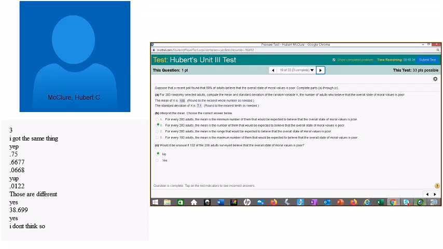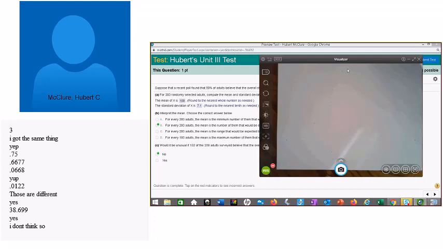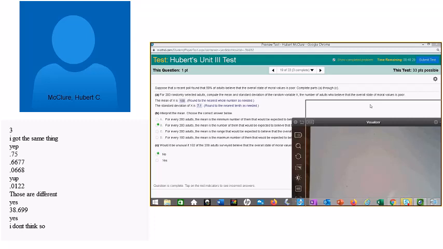This is the problem where students ask, how do you know when to do what? Read the directions.